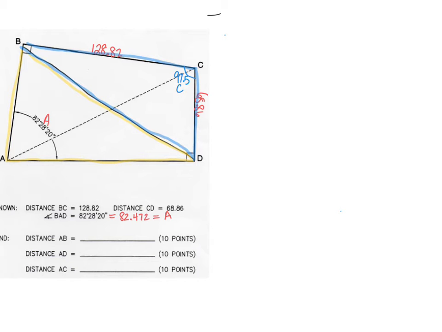So BD, I'll go ahead and keep this blue, BD squared should equal 128.82 squared plus 68.86 squared minus 2 times the 128 number times the 68.86 times the cosine of angle C, which I have stored in my calculator right now.